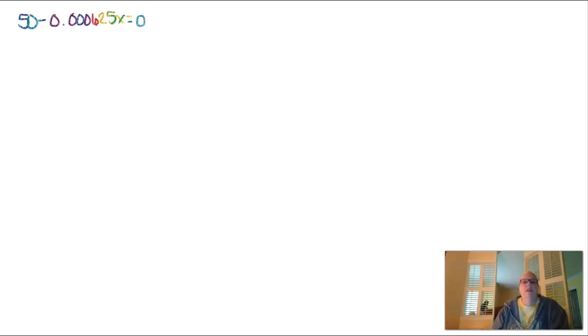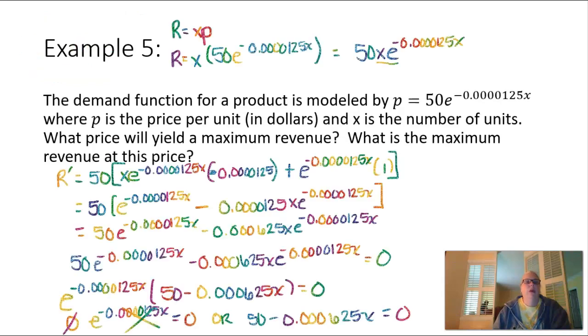I'm going to add this 0.0000625 to the other side, and then I'm going to divide both sides by it. 50 divided by 0.0000625 is 80,000. Alright, so our critical point happens when 80,000 units are produced.